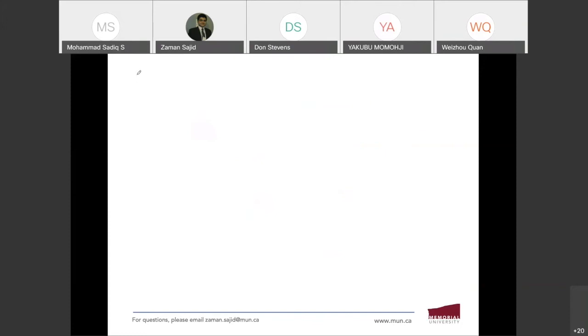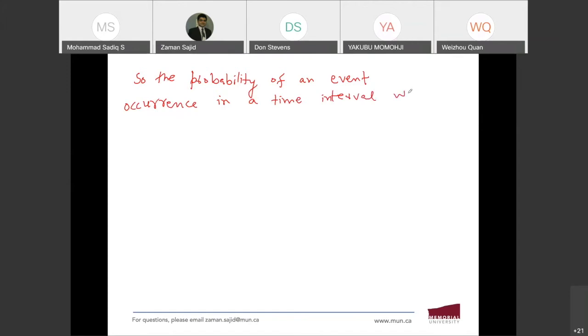Okay. So the probability of an event occurrence in a time interval would be lambda t over n.